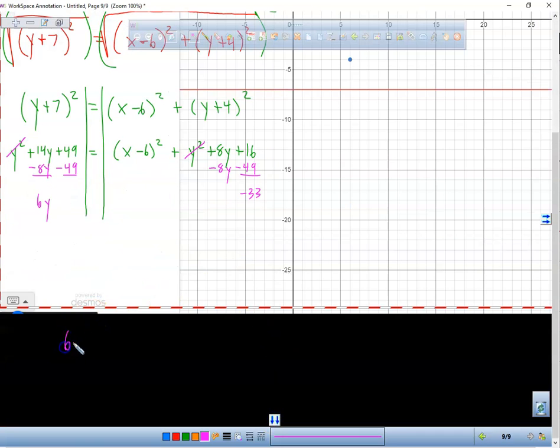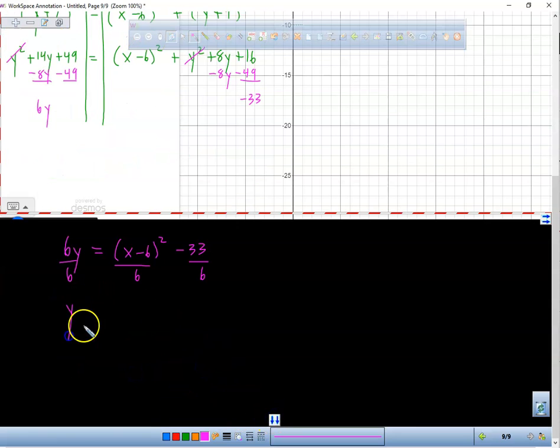So what do I have left? Here we go. 6y equals x minus 6 squared minus 33. I have to divide everything by 6. You get y equals x minus 6 squared over 6 minus 33 over 6.